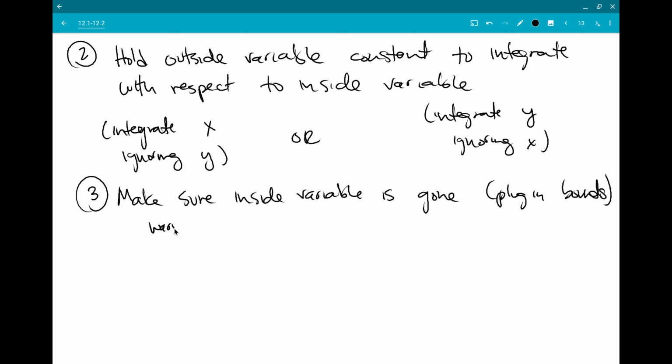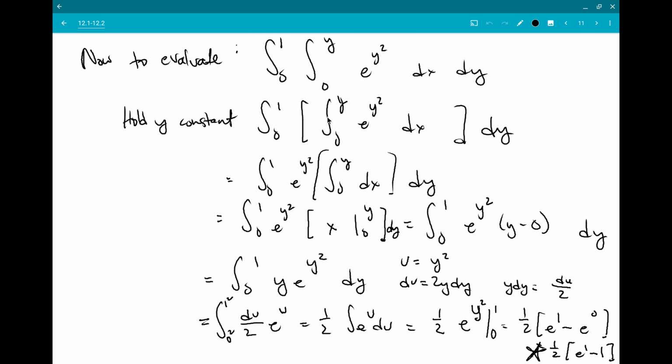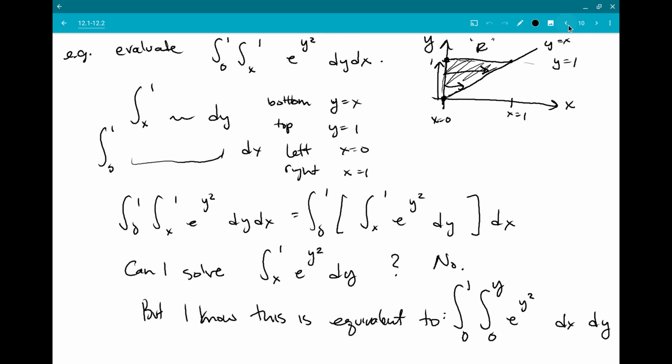And a warning here: don't get rid of your outside variable.